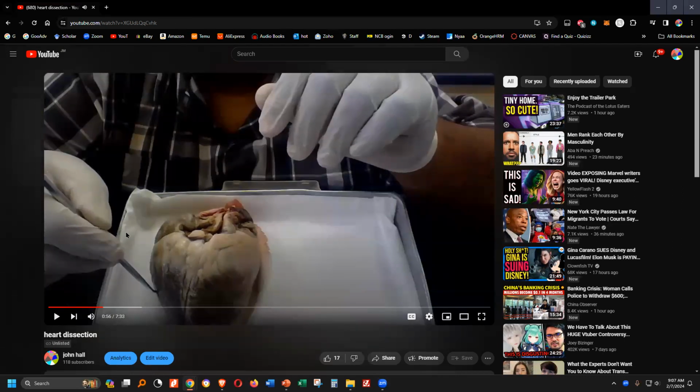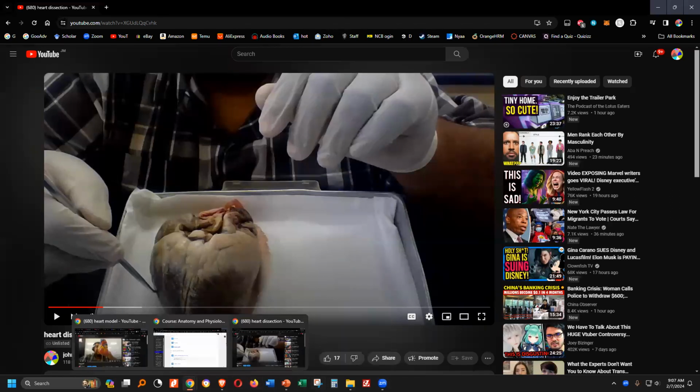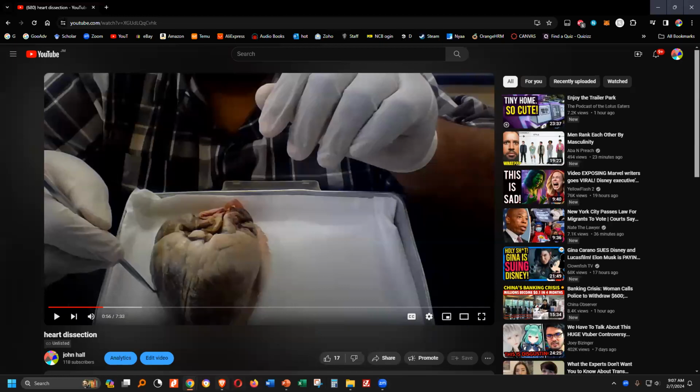I go through and point out what I consider to be the major structures that can be seen on the outside of the heart, the ones I actually want you to draw.